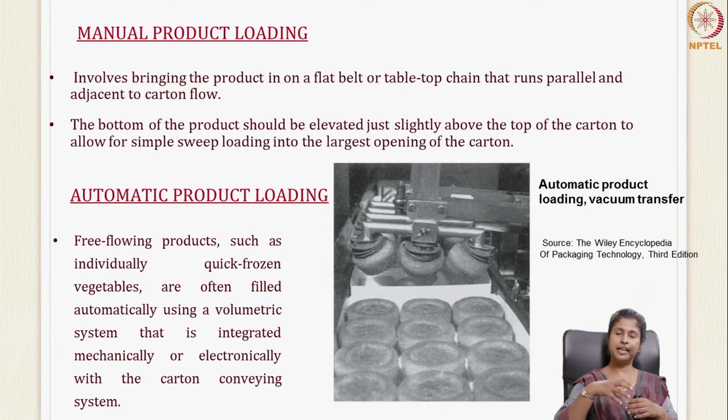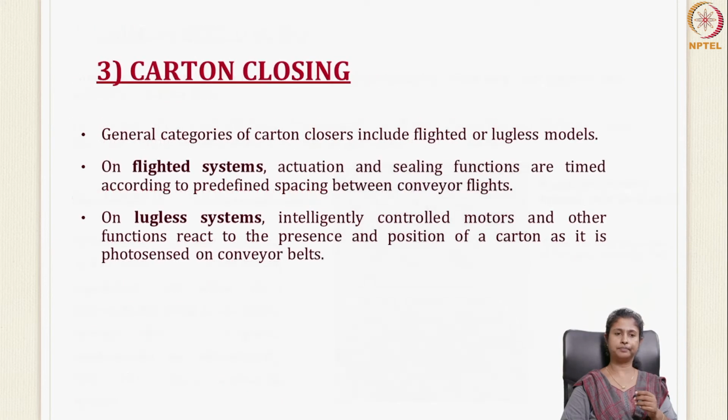Under vacuum, it is taken up and added into the cartons one by one. This can be used even for free-flowing products like individually quick frozen vegetables, which are usually filled automatically by a volumetric system. You might also recall there's a volumetric system, weight system. These different things, we have gone through that in the bottling. Same thing applies here for these kind of packages.